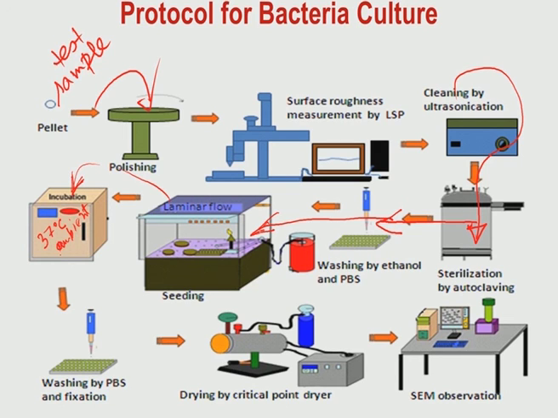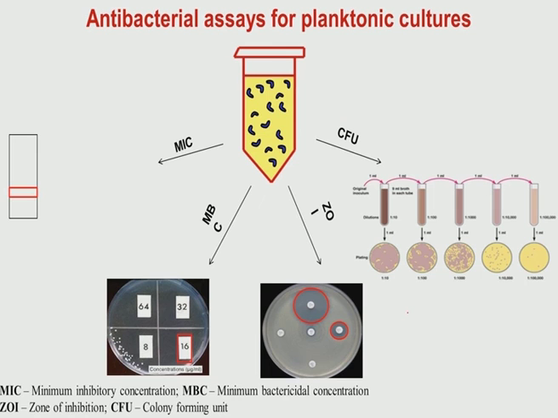in a bacteria culture room. Then after the bacteria is grown for 1 to 4 hours or a different time period, you can wash with PBS and fix, and then you do either a critical point dryer or some reagent for drying, and then you can use a fluorescence microscope or scanning electron microscope to see how the bacteria adhere on a material substrate.